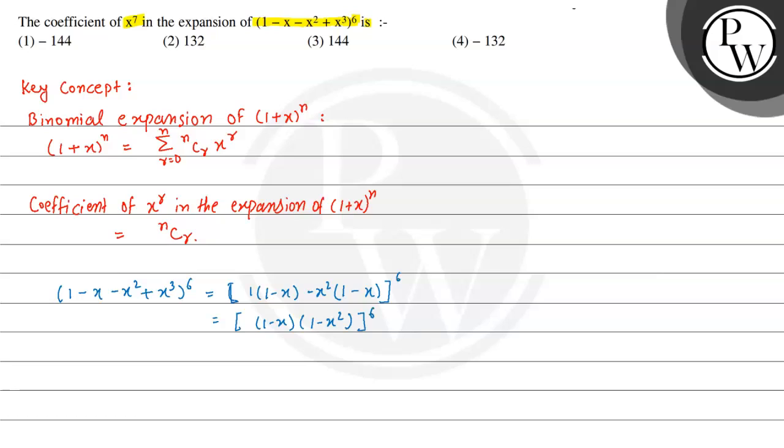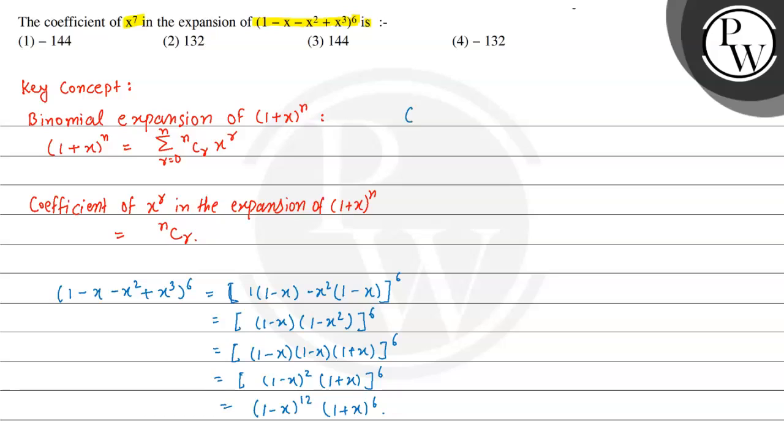As we know, a^2 - b^2 can be written as (a + b)(a - b), so we break 1 - x^2 as (1 - x)(1 + x) whole to the power 6. We can write this as (1 - x)^2 multiplied by (1 + x)^6. Distributing the power onto the individual terms, we have (1 - x)^12 multiplied by (1 + x)^6.